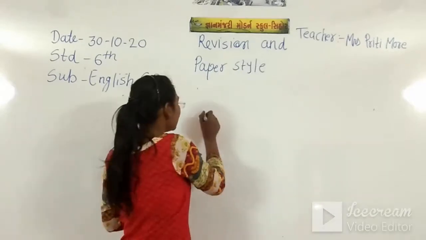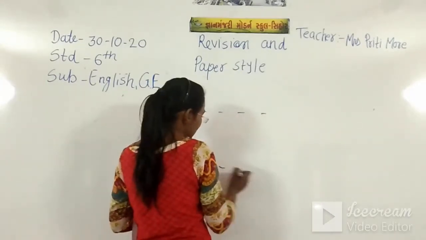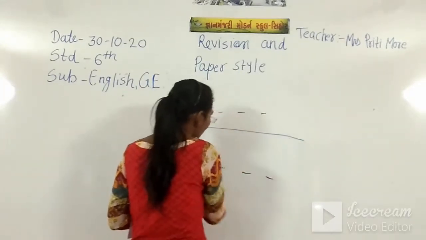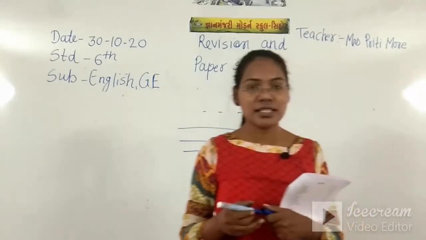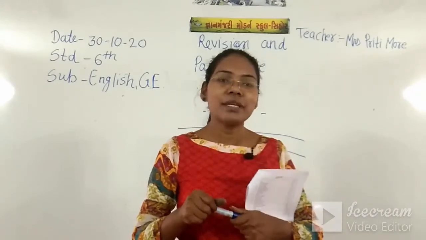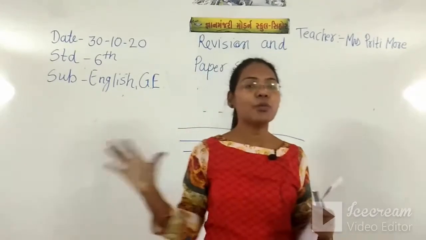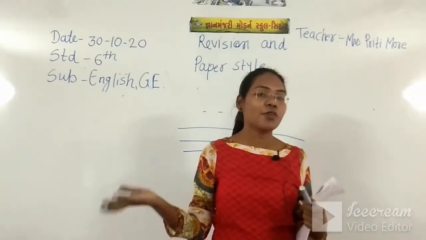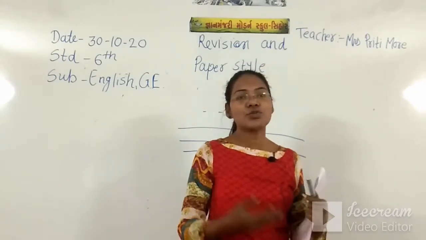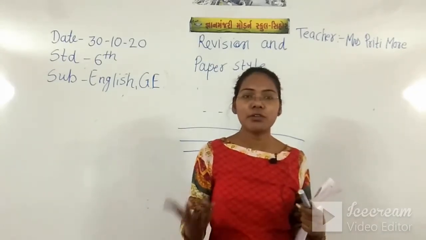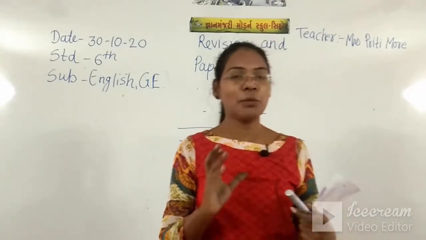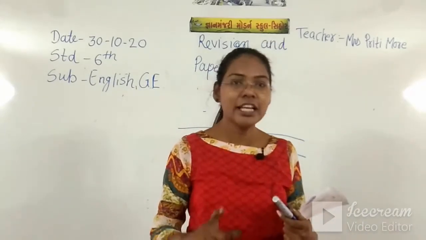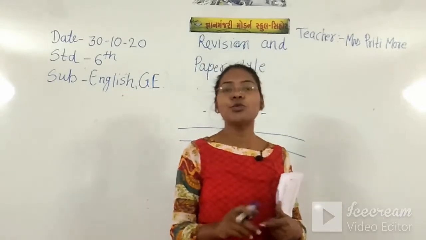The first sentence will be there and the last sentence will be there, and you have to complete the missing lines from the stanza. So complete the poem means कोई भी एक stanza कोई भी poem से रहेगा. It may be from Where Do All Teachers Go, from the Choral, from Beauty, from Kite. कोई भी poem से कोई भी एक stanza रहेगा और आपको वो stanza complete करना है. The missing lines you have to write.